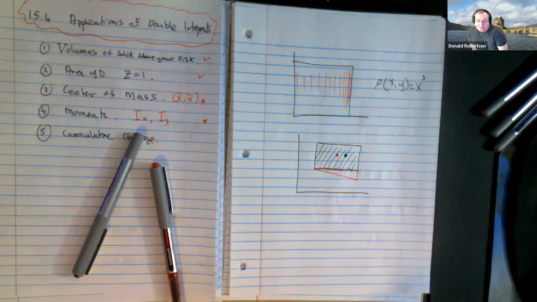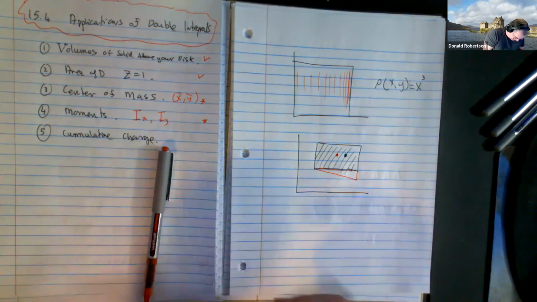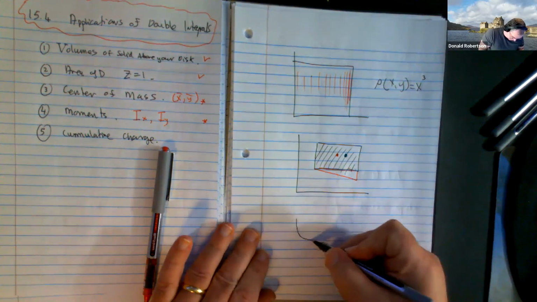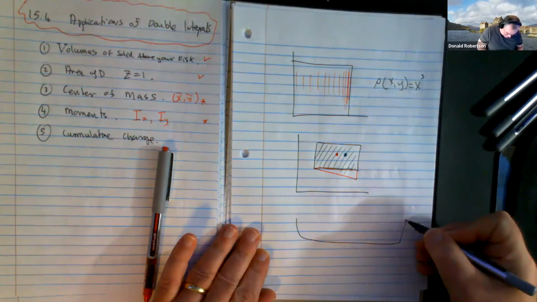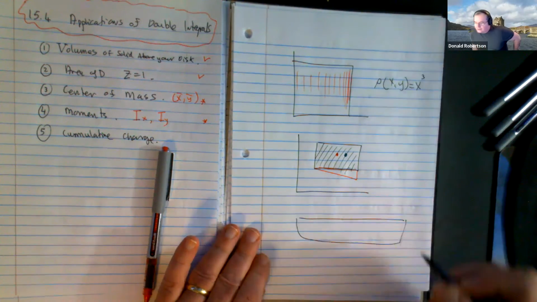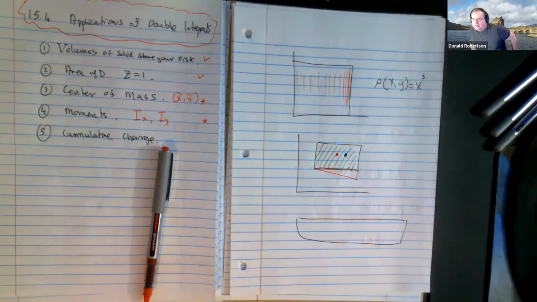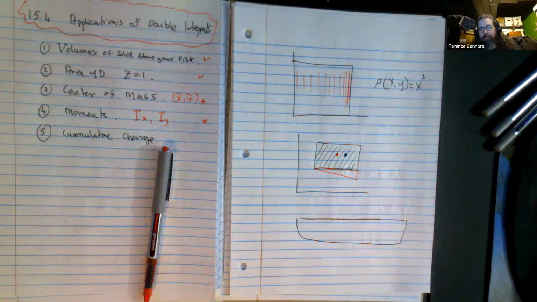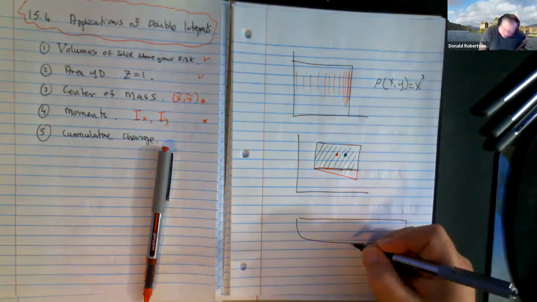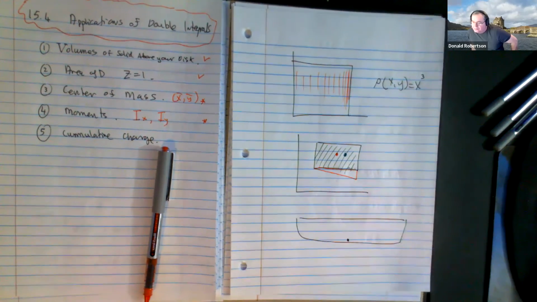Now, it might be, if you're doing a ship, let's do a ship. If you're doing a ship, where is the best place for stability for the center of mass of a ship to be? Bottom of the hull. As low as you can get. There would be the perfect place.